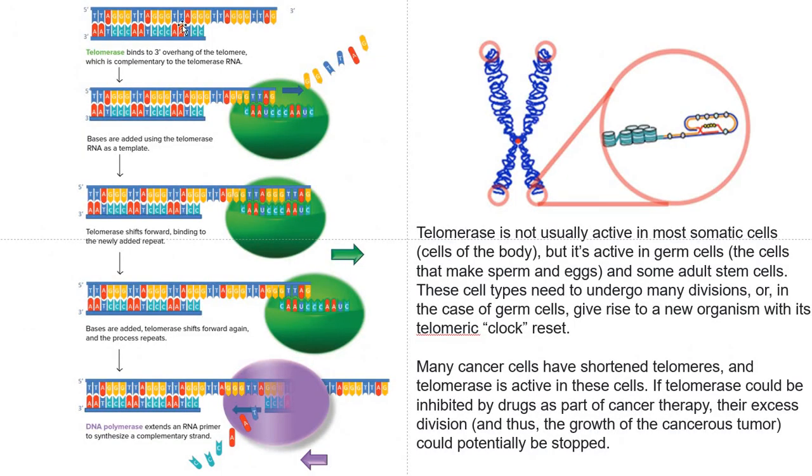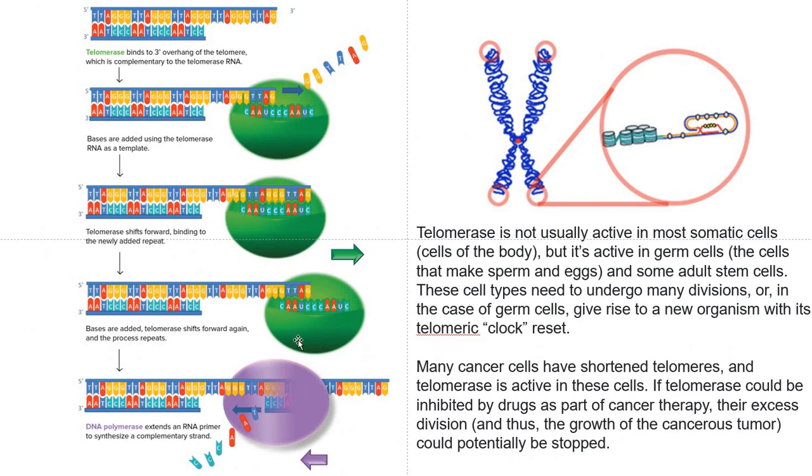In this slide, you will see that telomerase binds to the 3' overhang of the telomere. So this is your telomere, 3'. This binds here, and then it starts adding the complementary sequences. Once it adds this sequence, this is now available for the polymerase to fill in this gap, because that's the little gap where the RNA primer was in the Okazaki fragment that it was not able to add on to.